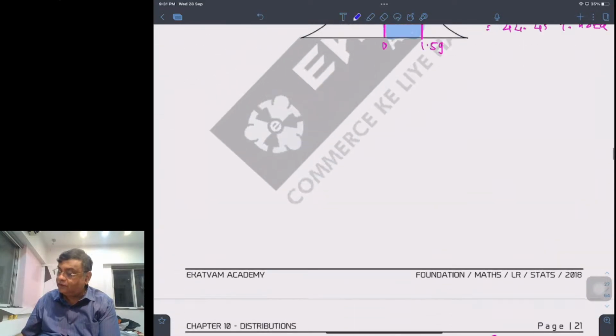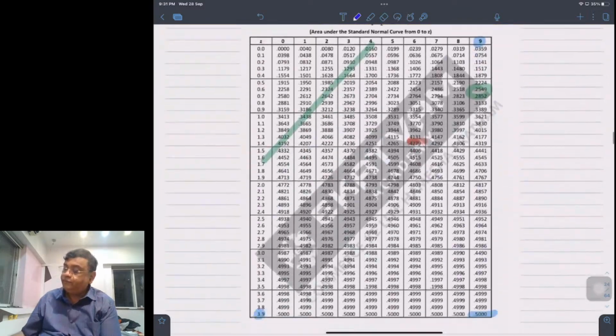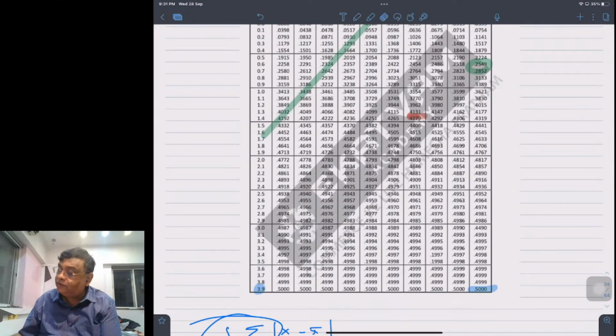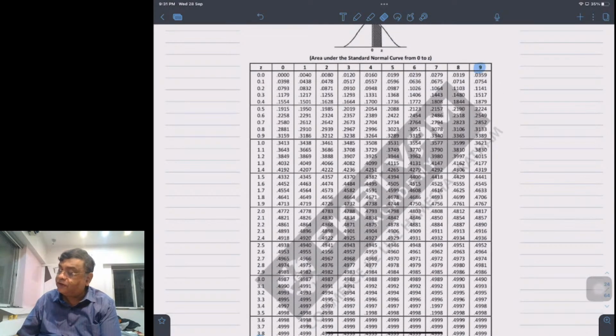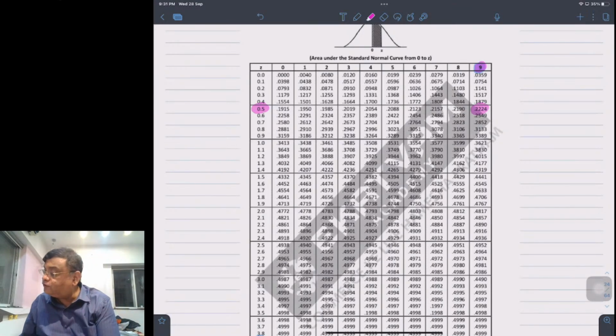Of course, the table will not be given to you in the exam, but the table value will be given to you in the exam. Now, if you see 0.59, mind well, this is 0.5, this is 9, and the value you can find is 0.2224.